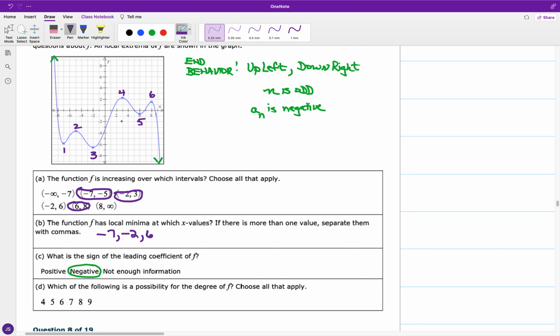So in this case we have 6 turning points. And remember, n is odd. For the number of turning points, the degree is always going to be greater than the number of turning points.